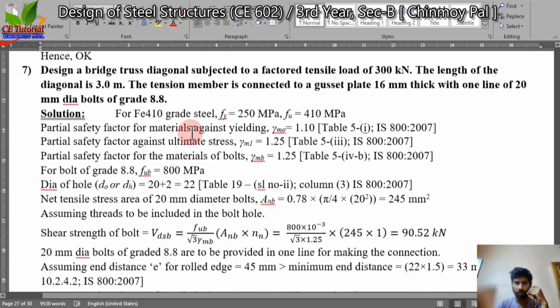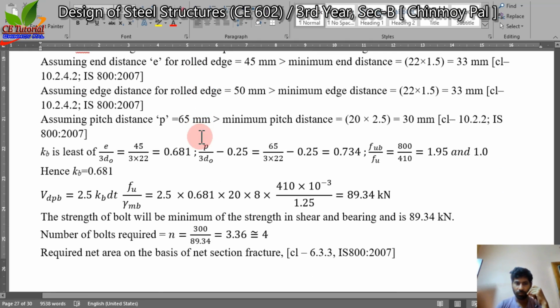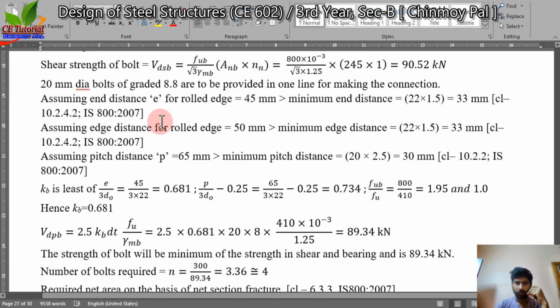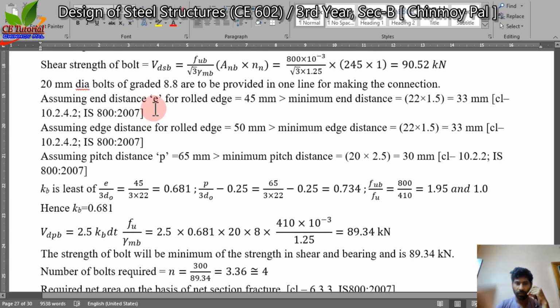Now in the question, it is given that the bolt is placed in one line. So to calculate the bearing capacity or bearing strength of the bolt, we need some parameters, that is edge distance, end distance and pitch distance. Let us assume the end distance is 45 mm.